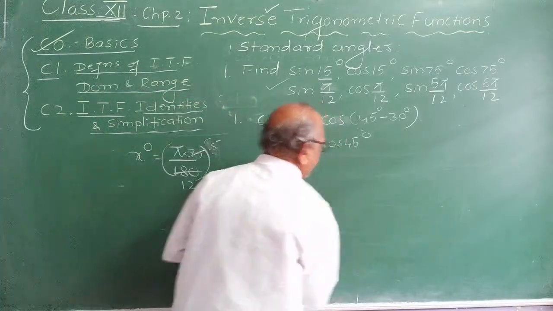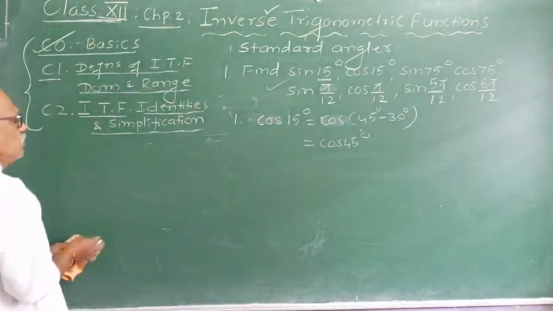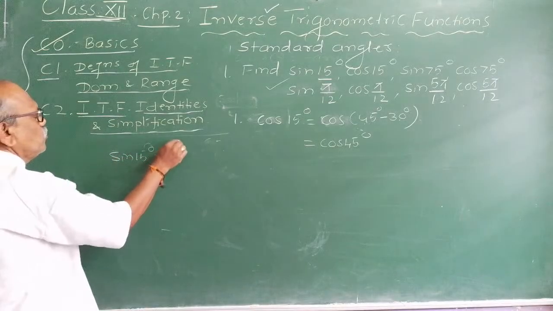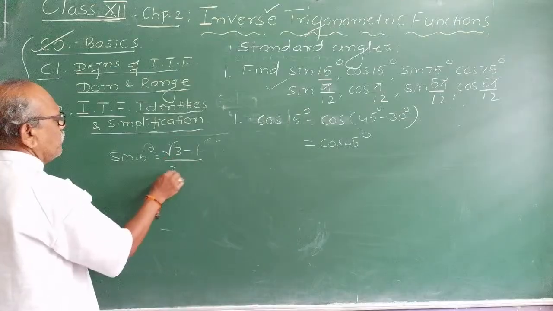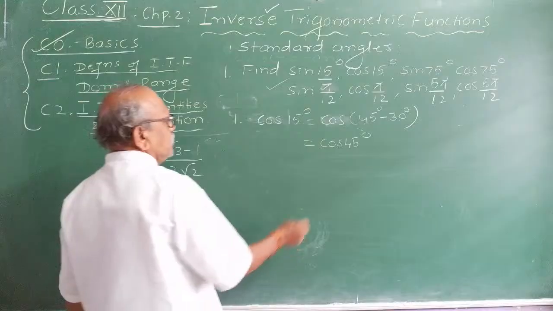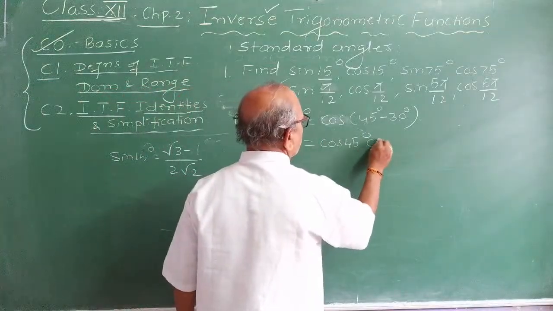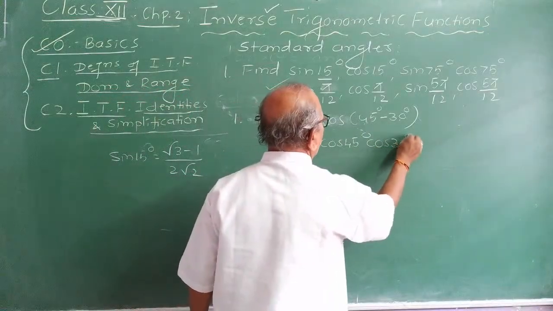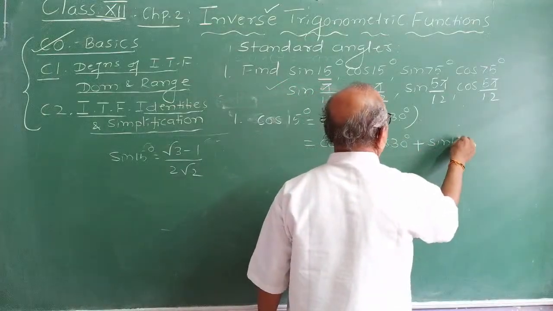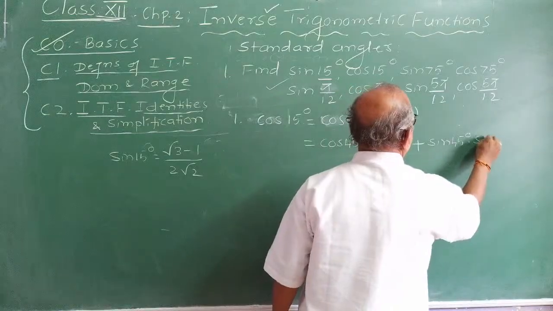Sin 15 degree, we derived, is root 3 minus 1 upon 2 root 2. Cos A into cos B, cos B is cos 30 degree, plus sin A into sin B, sin 45 degree into sin 30 degree.